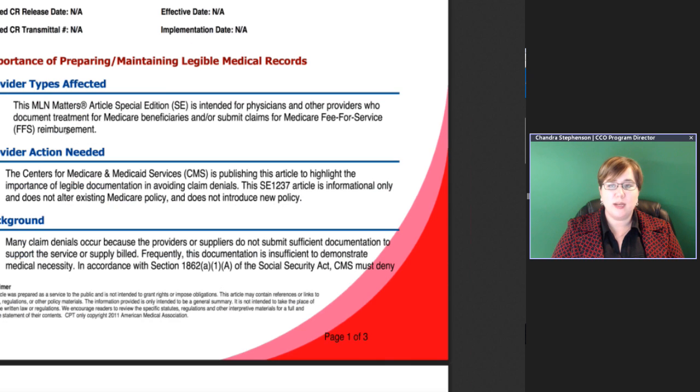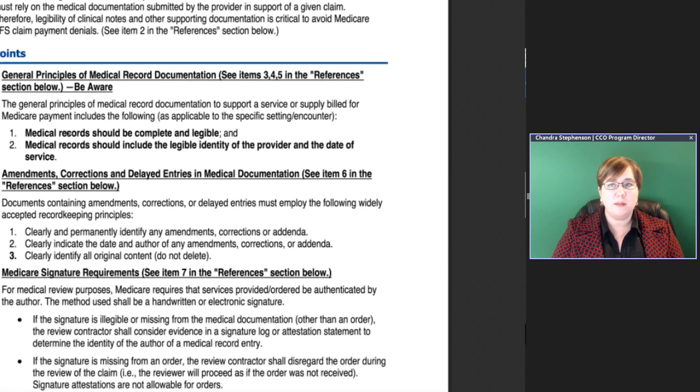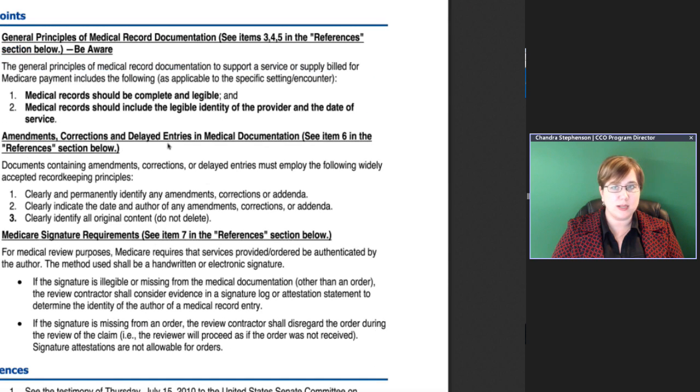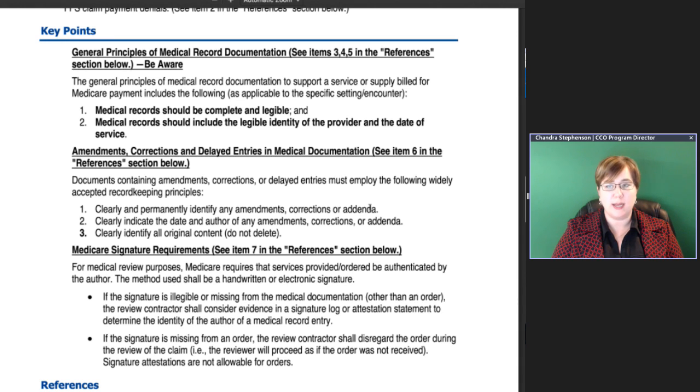If we scroll down to the second page, under the key points, they talk about amendments, corrections, and delayed entries, and that they can be made and what the key pieces are that have to be documented: clearly and permanently identify amendments, corrections, or addenda, clearly indicate the date and the author of any amendments, corrections, or addenda, and clearly identify all original content.